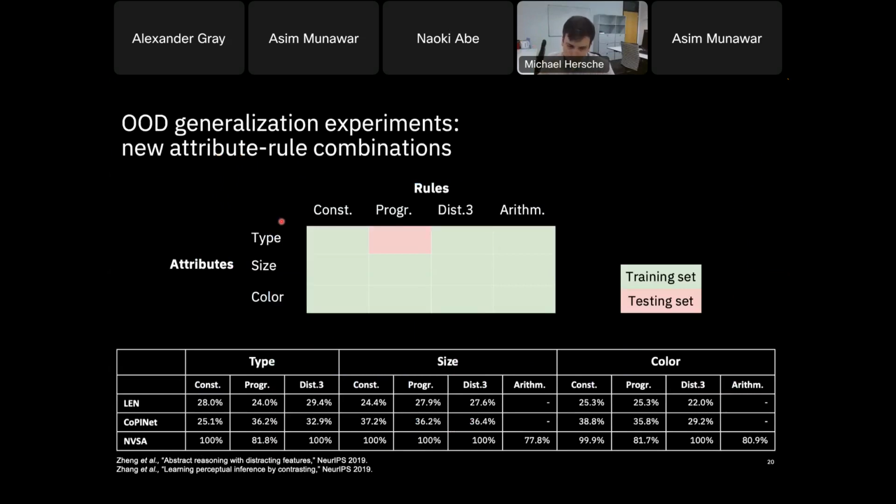So let's say we are given certain types and rules, and we provide all the possible attribute-rule combinations except one, which in this case would be type and progression. And during testing, we just test on this kind of combination. And what we see is that with our NVSA, we can maintain a very high accuracy in one of the constellations, that is the left-right, and we outperform all of the other baselines in this case.